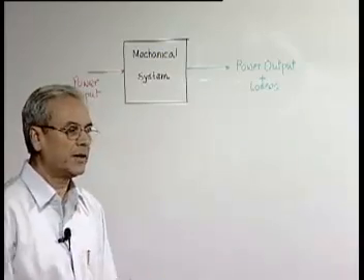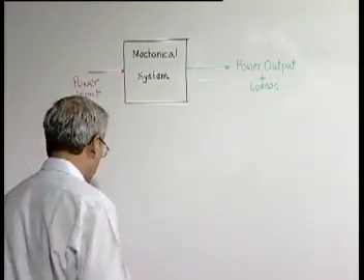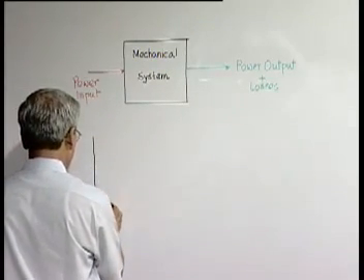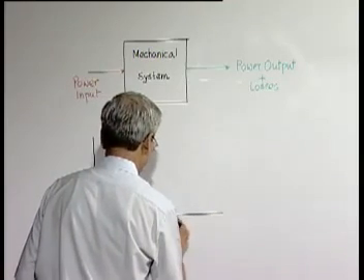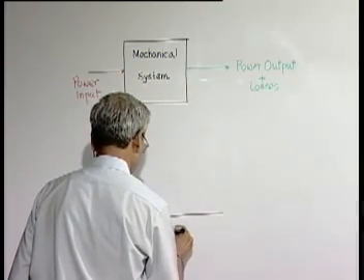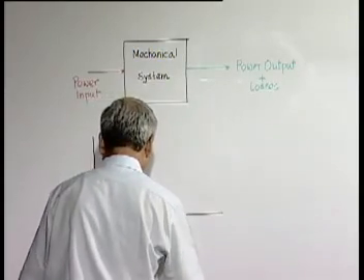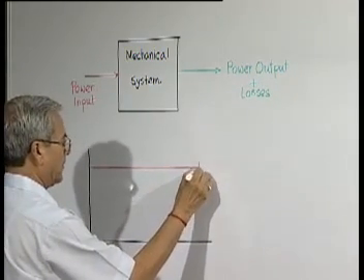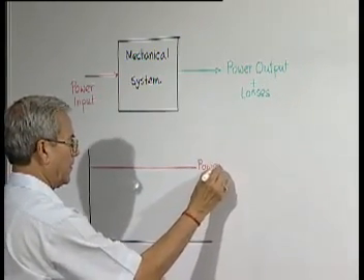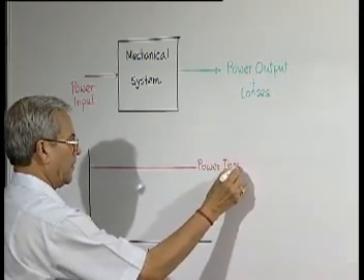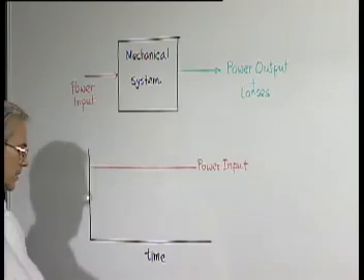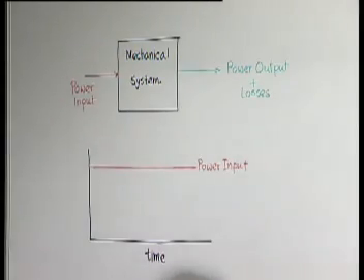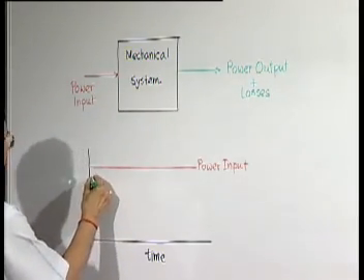Now, what are the different situations possible? If we consider that with time power input is something like this, and the requirement of the energy for doing the task and the losses are something like this.